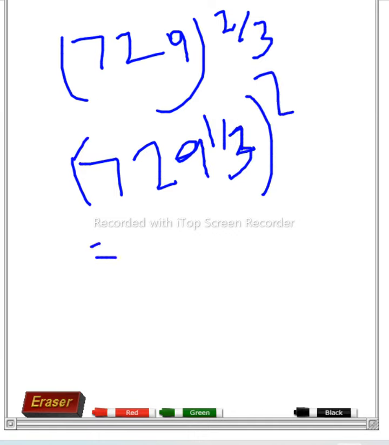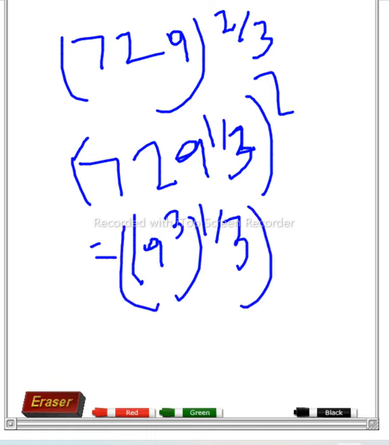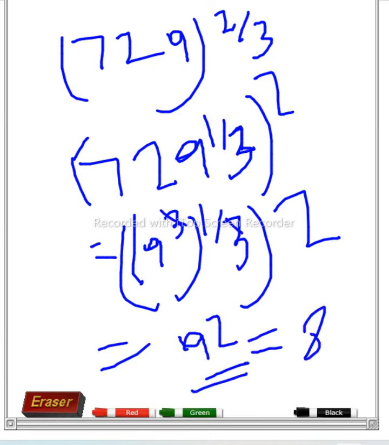As you know, 9 times 9 times 9 is 729, which means 9 to the power of 3. So again, to the power of 1 over 3, to the power of 2. The 3 will be cancelled by the 3, so we finally get 9 to the power of 2. This is the final simplification, which is 81.